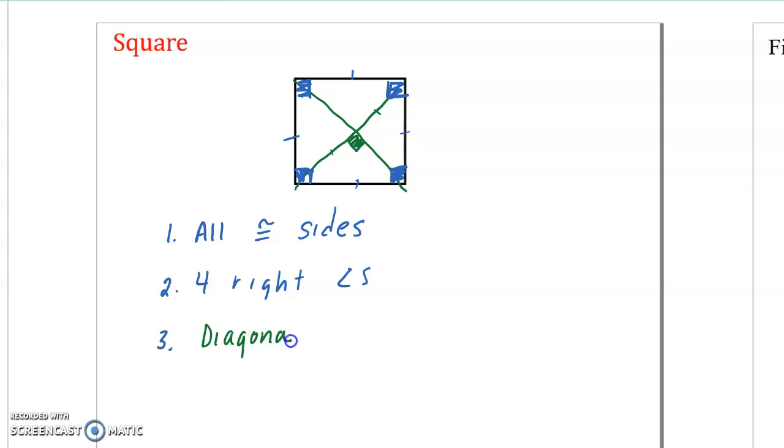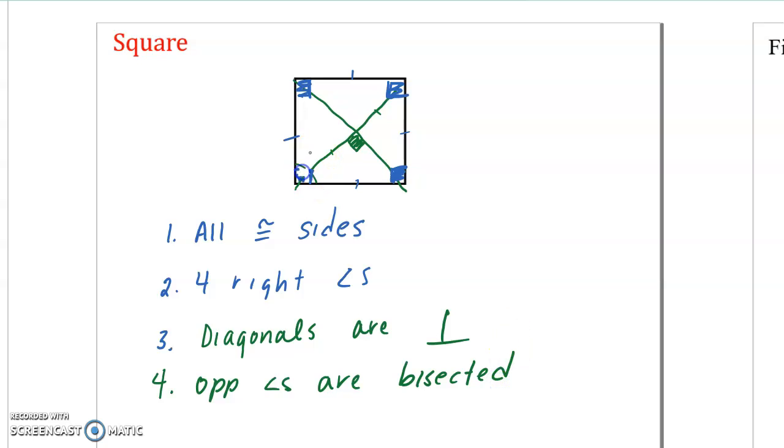Diagonals are perpendicular. Okay. One other thing we want to remember is now the corners' opposite angles are bisected. So now let's think about this, because if I know this corner's 90, and now you're telling me they're bisected, what must these corners be? 45 and 45, and that's never going to change.